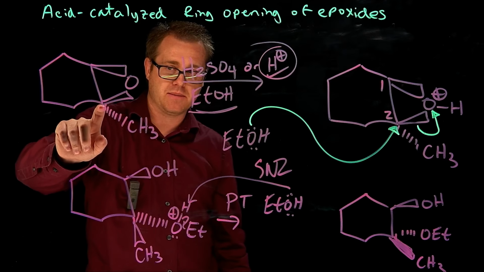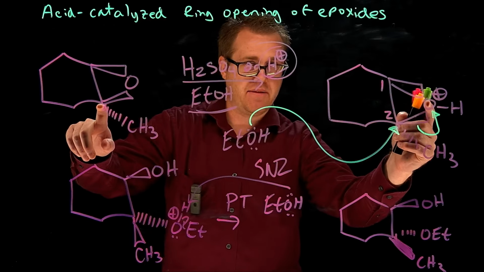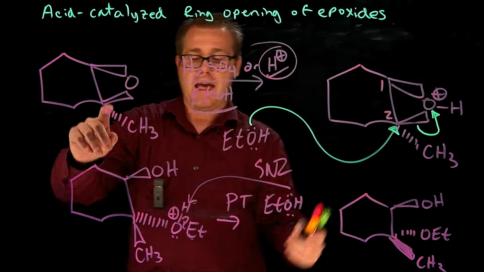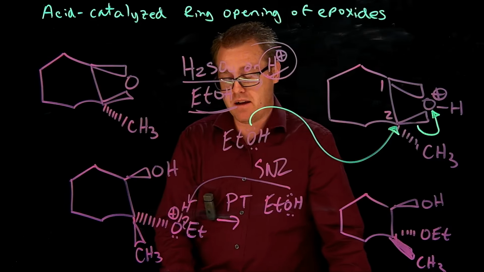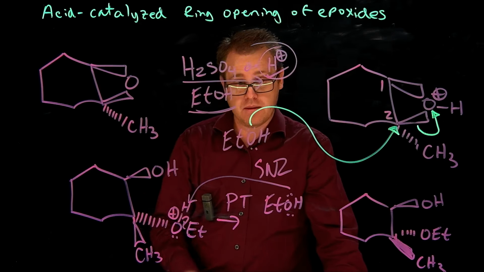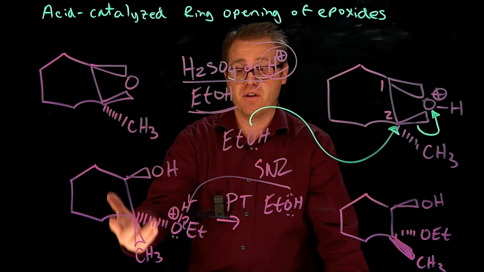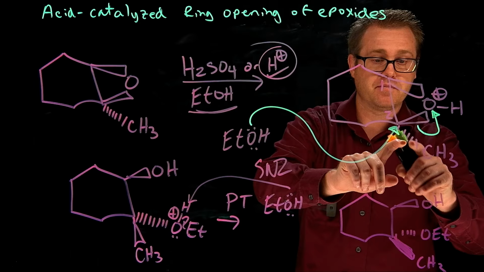It's going to attack the more substituted carbon because we're under acidic conditions, because we have an acid that will then protonate that epoxide. And then we have our stereochemical outcome that we need to account for. And we know that it's going to attack SN2 style, so that's going to invert the stereochemistry of these groups.